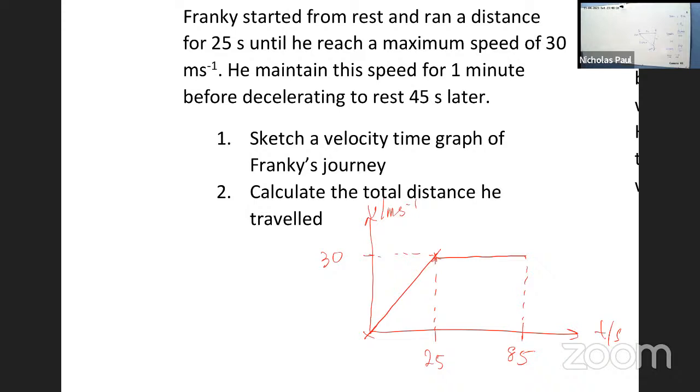And then 45 seconds later, it comes to rest. So how much time is that now? 45 plus 85, which is 150. So the completed graph looks like that, and that's 150.